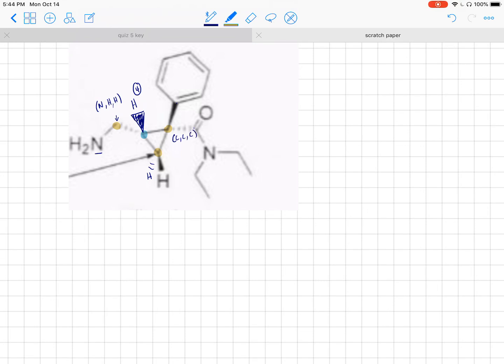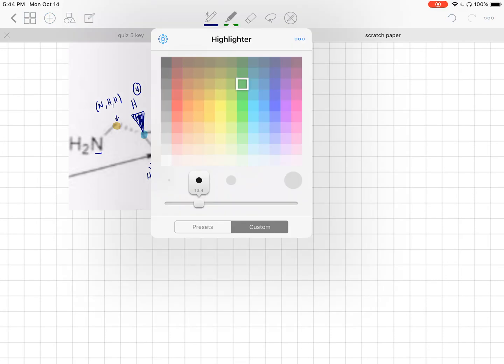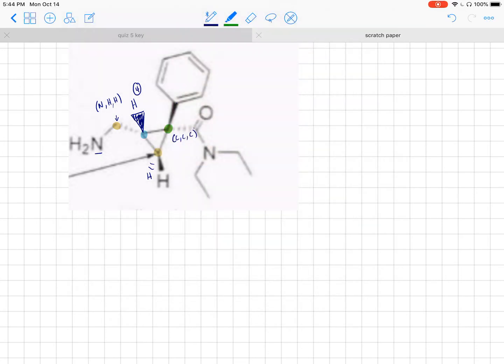Sorry, I was talking about this carbon right here. It's bonded to this carbon, and this carbon, outside of the one that we're looking at. And lastly, what is this carbon bonded to right here? It's bonded to 2 hydrogens, and it's also bonded to the carbon over here. So it's carbon, hydrogen, hydrogen.